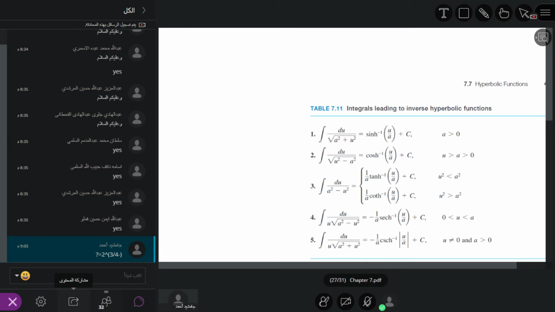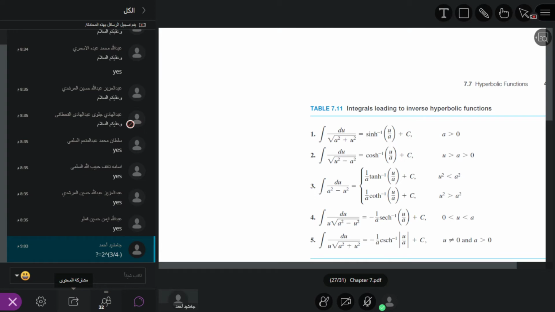What are the remaining? Sec, cosec, and cotangent. What is cotangent? 1 over tan is cotangent.